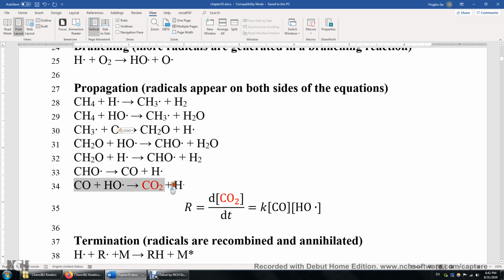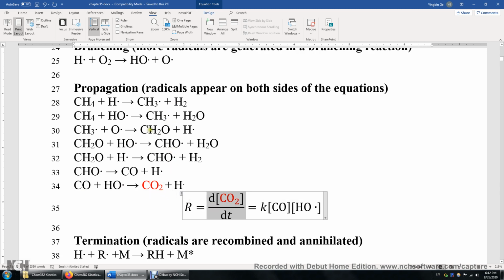And because this is an elementary reaction, the reaction rate is simply k times the concentration of CO times the concentration of hydroxyl. This is a second-order elementary reaction. It's first order with respect to CO, also first order with respect to HO. Overall, it's second order. And this is how fast CO2 is produced.